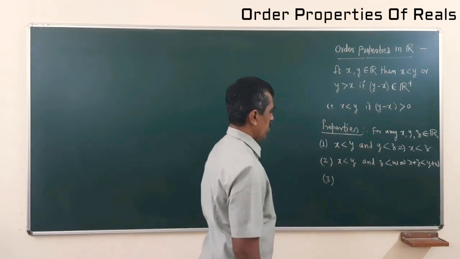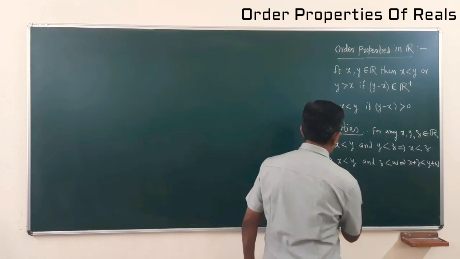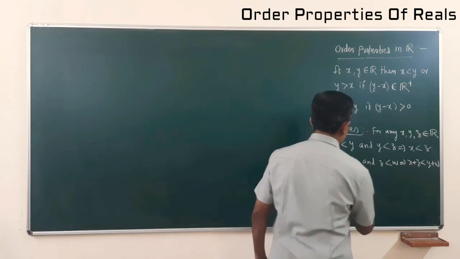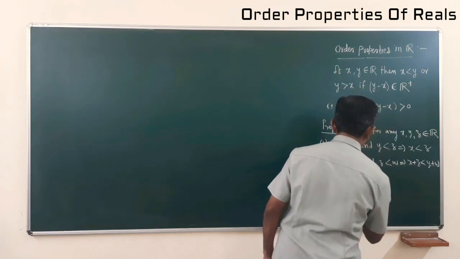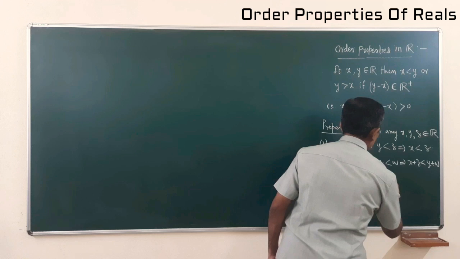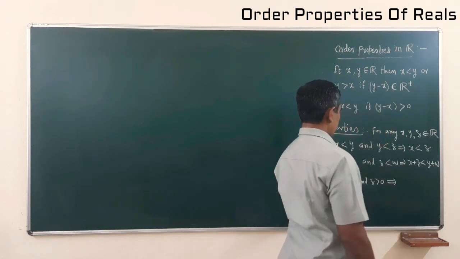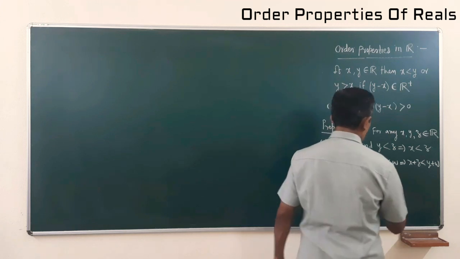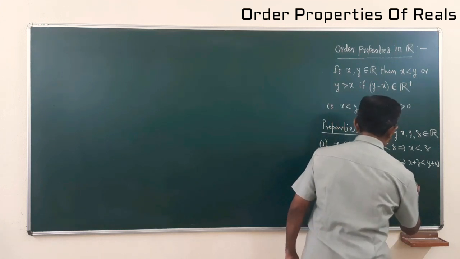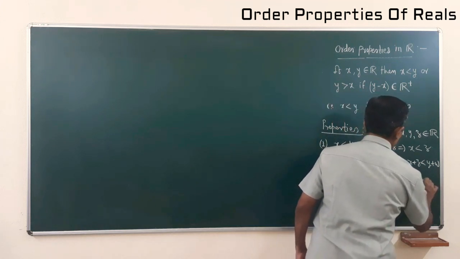Number 3, if x less than y and z greater than 0, then x z less than yz.